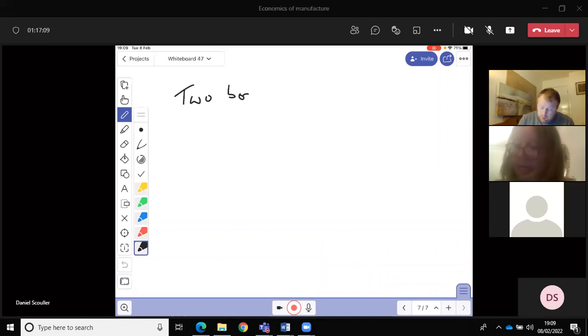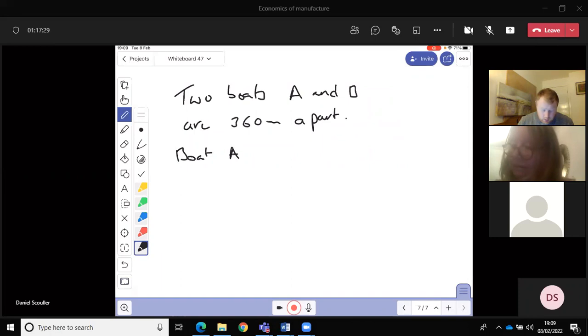Two boats, A and B, 360 meters apart. We'll have a wee story. Boat A is 120 meters due east of a buoy.